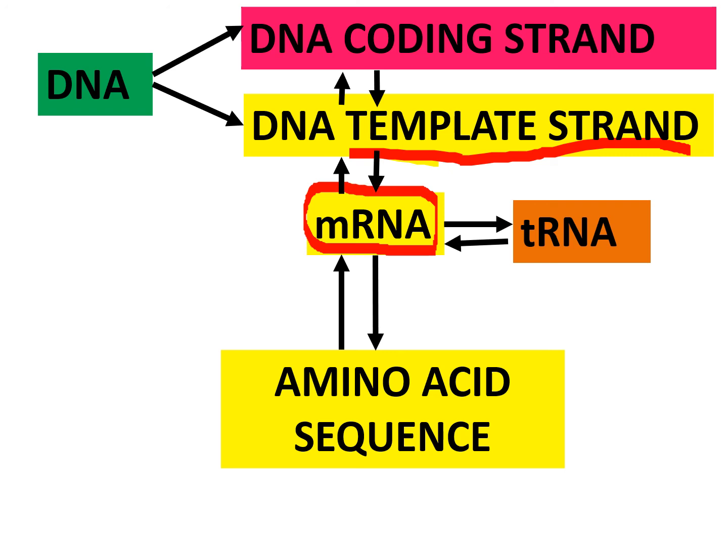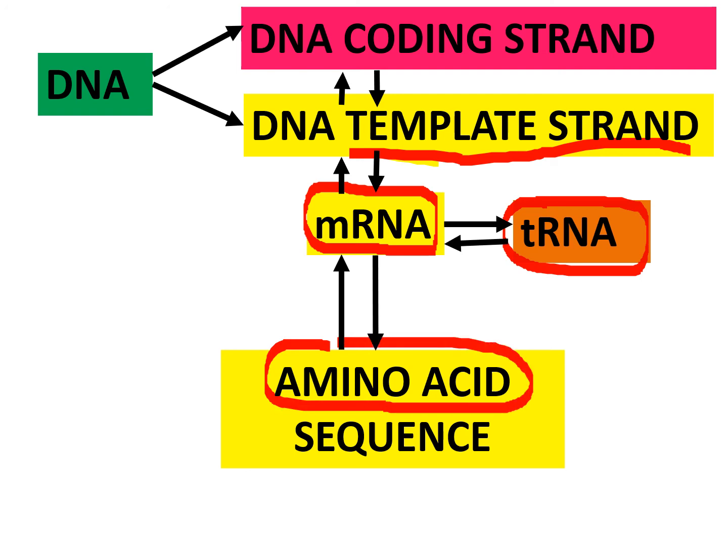Your mRNA has codons, and each codon on your mRNA strand has a complementary anticodon, which is found on your tRNA molecules. Your tRNA molecule has an amino acid attached to it, and through the process of translation, we can link up those amino acids via peptide bonds to form a polypeptide sequence, which can undergo modification and become a protein.